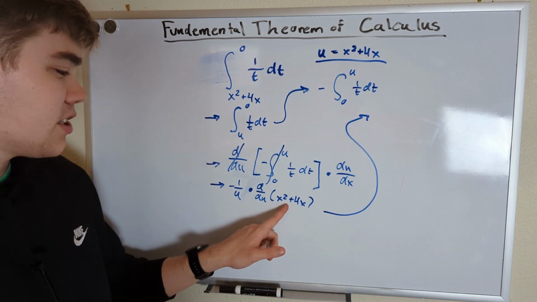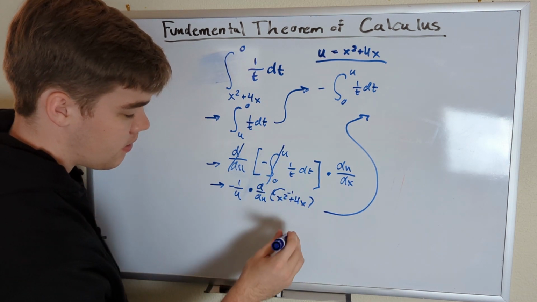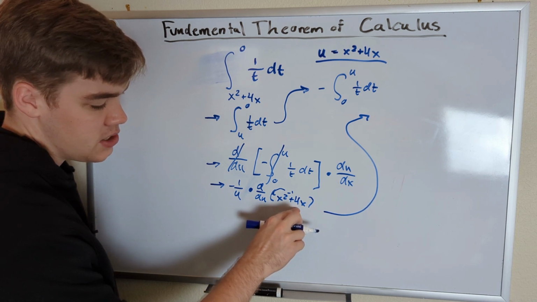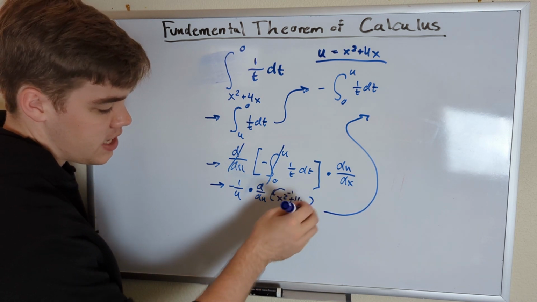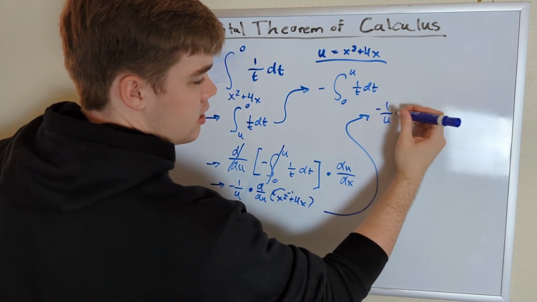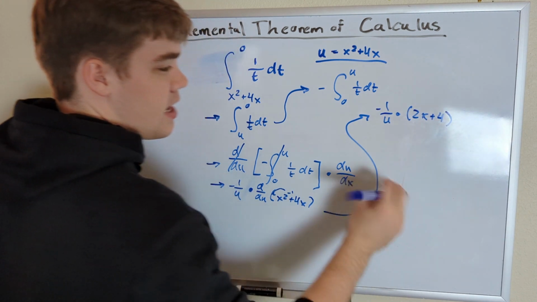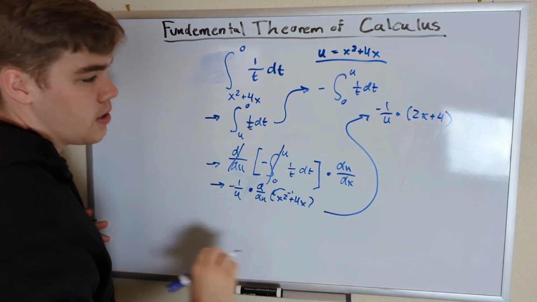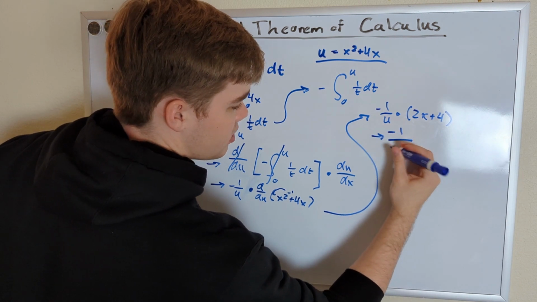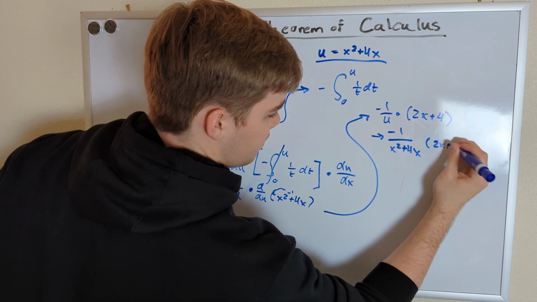The derivative of x squared is 2x. We take our 2 to the front and then subtract 1 from the power. And then remember, the derivative of anything just times x is just the coefficient. So we can remove that x and we get negative 1 over u times 2x plus 4. Now we need to convert this u back to our x squared plus 4x. So this will now turn into negative 1 over x squared plus 4x times 2x plus 4.